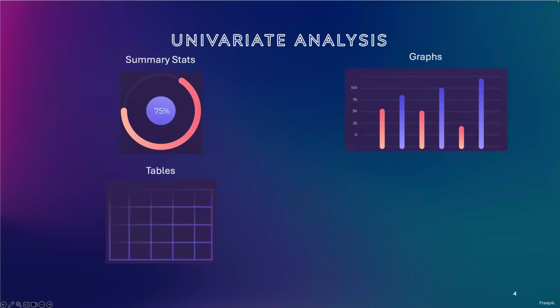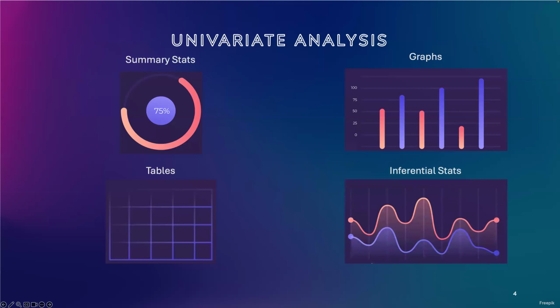And then the fourth and more special case would be inferential stats. And very often, if you think about it, the data we're dealing with is just a sample or a subset of an entire population. And then this poses different questions, like, can the results from the sample be generalized to the population?